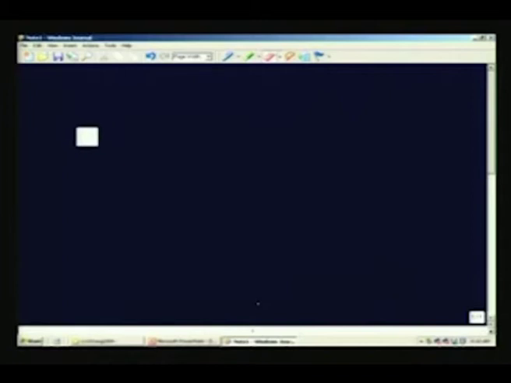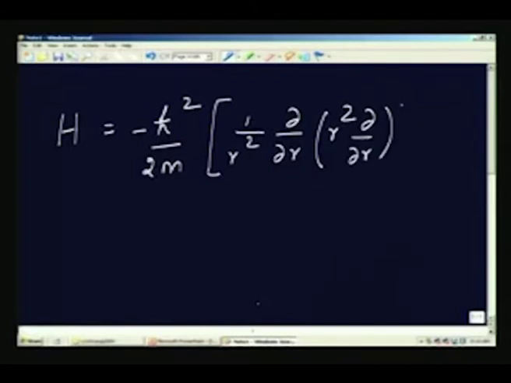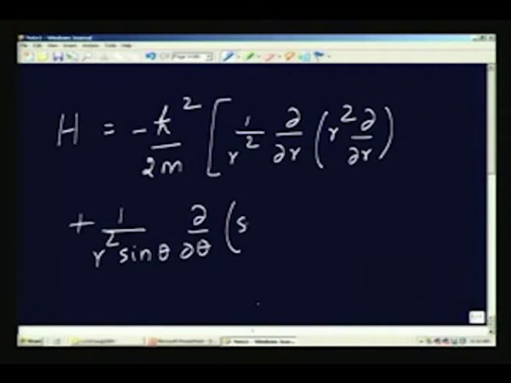Recall that the Hamiltonian for the Schrodinger equation for the hydrogen atom is given by minus h bar square by 2m, with 1 by r square dou by dou r of r square dou by dou r, which is the radial part, and the angular part of this problem is given by the other term, 1 by r square sin theta dou by dou theta sin theta dou by dou theta.